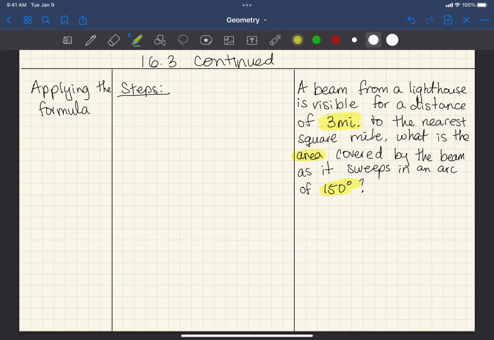So this is basically telling me, and I can figure this out from the section that we're on, but I am going to use the arc formula, this area for the arc, which is m over 360 times 2 pi r squared. Oh no, not 2 pi r, just pi r squared.